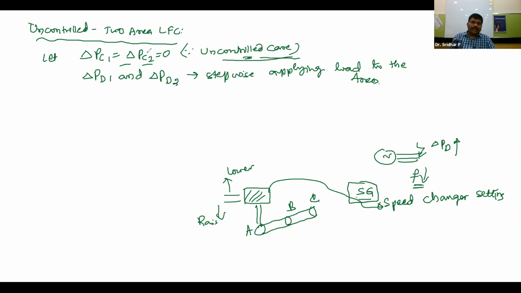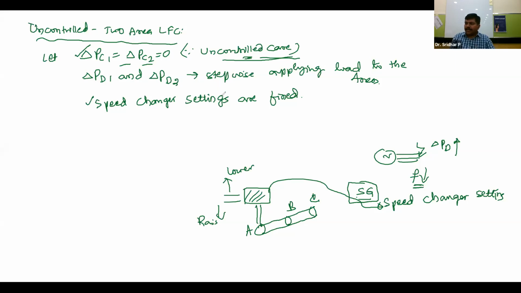So in the uncontrolled case, the first thing is delta PC1 and delta PC2 equal to 0, and the speed changer settings are fixed in magnitude. So it will not be changed according to the changes in the frequency deviation. So uncontrolled case means first delta PC1 and delta PC2 equal to 0, and second, the speed changer settings remain fixed. Nothing will be changed.